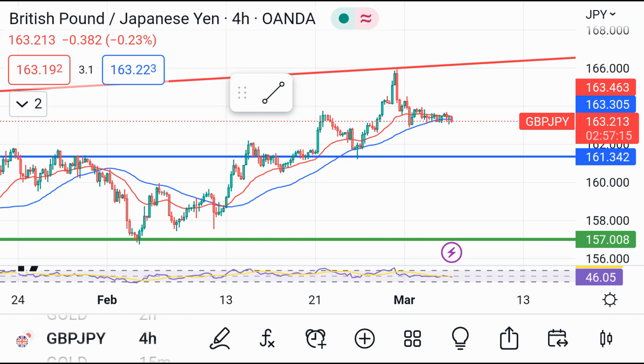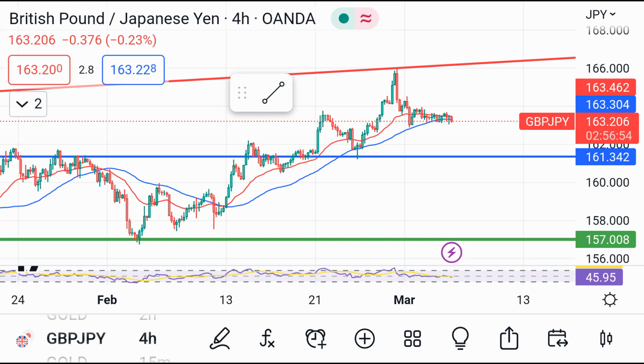And today my trade setup is a GBPJPY buy setup. Let me analyze the market for you to understand why I have decided to buy GBPJPY.